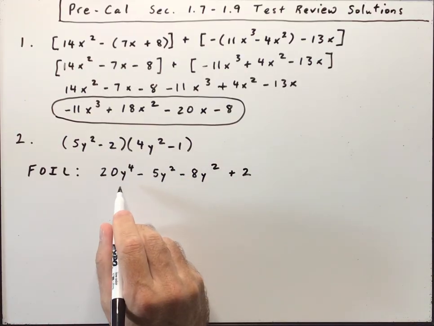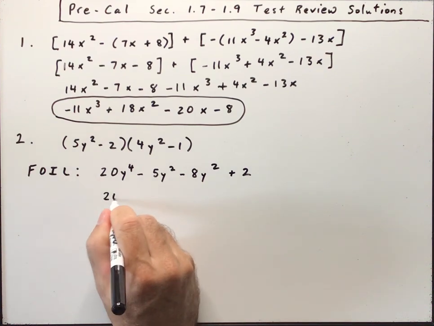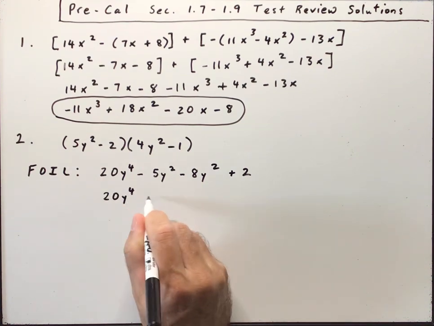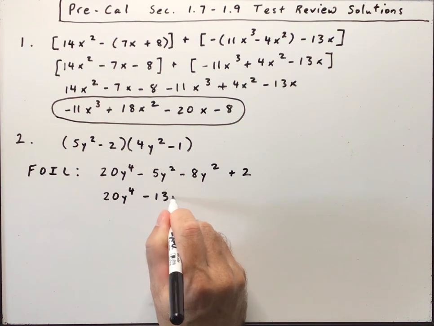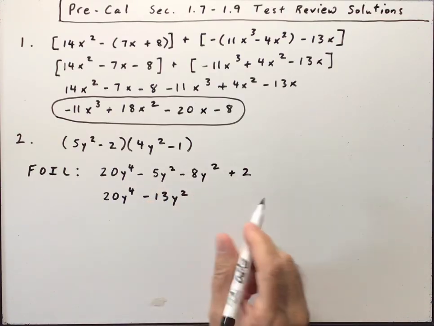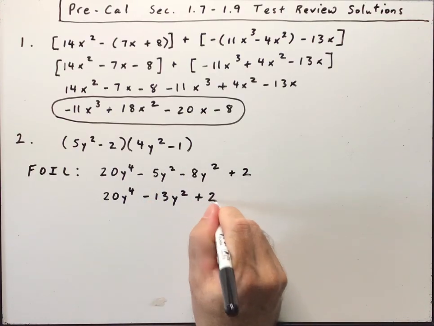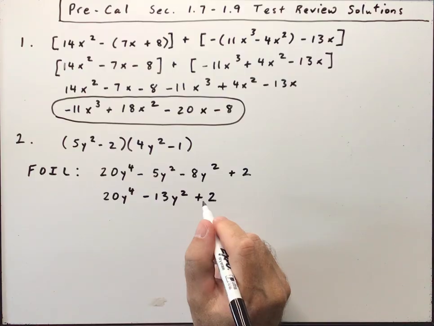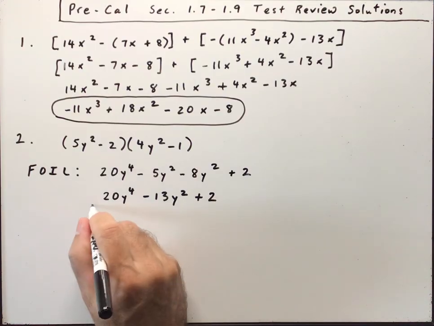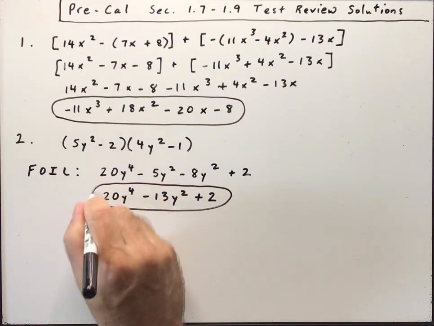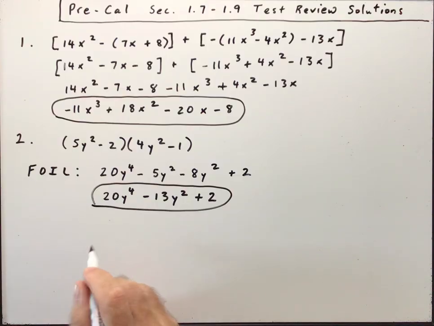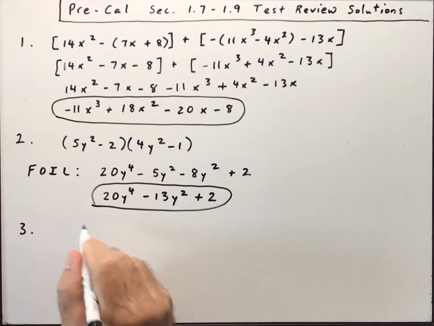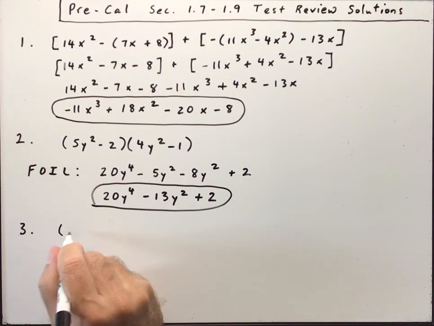Let's combine like terms, so that's going to be 20y to the fourth minus 13y squared when we combine the two middle terms, plus 2. And that checks out. All right, number 3, we want to find the product. That's a fancy way of saying multiply.